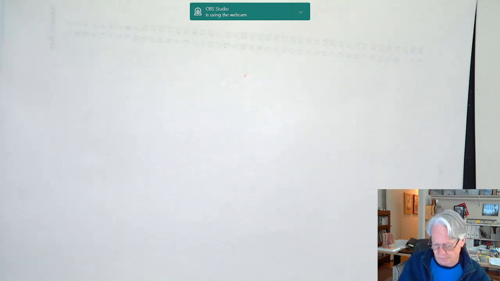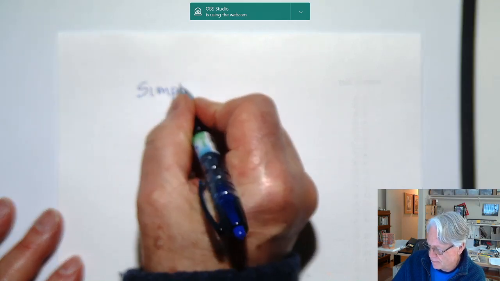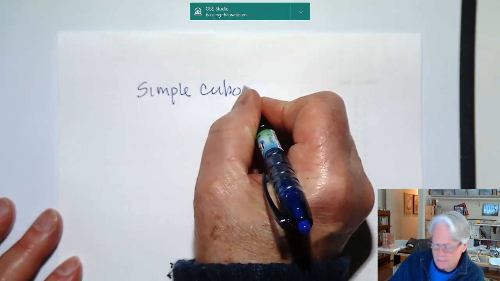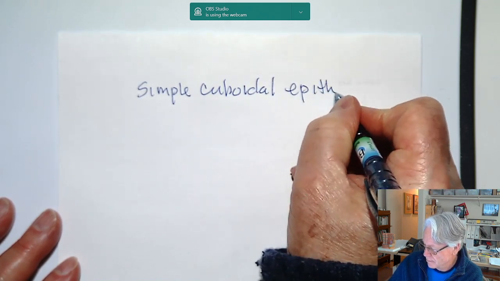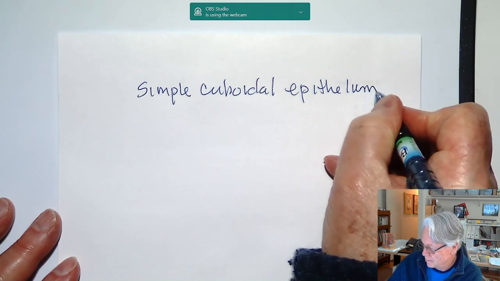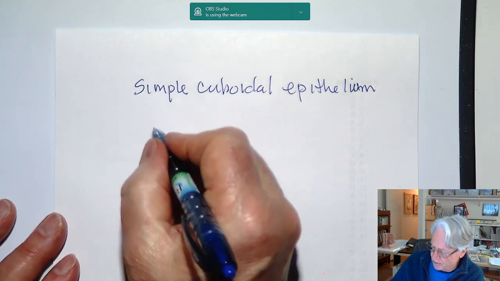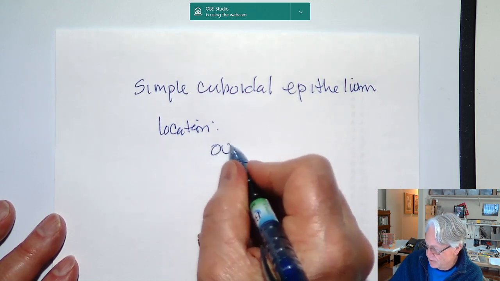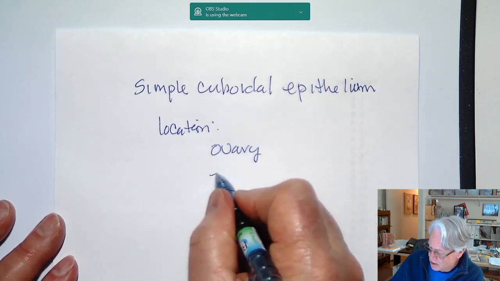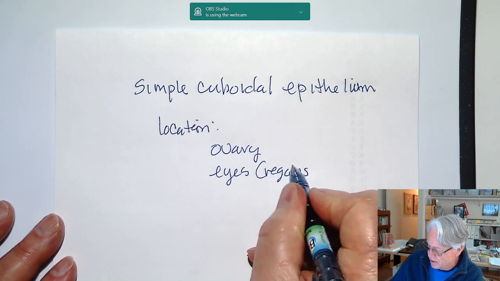All right. Let's talk about simple cuboidal epithelium. And there's a U in there. Okay. Simple cuboidal location. A number of places, we're going to see the ovary, find places within the eyes, that is regions of the eye, not the entire eye.